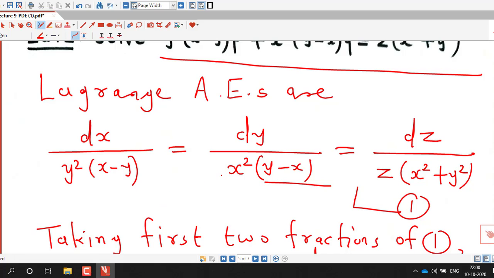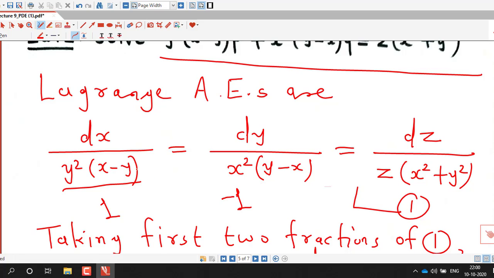Now if we take a difference of 1 and 2, if I multiply this by minus 1, then I will have x square into x minus y, and if I multiply this by 1, I have y square into x minus y plus x square into x minus y.